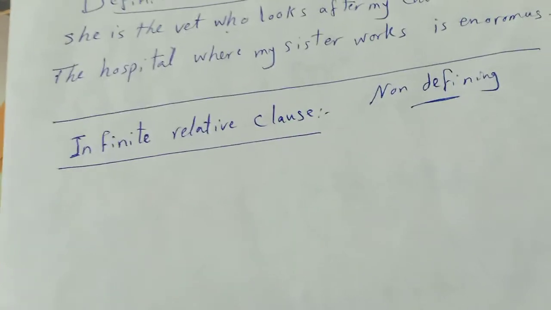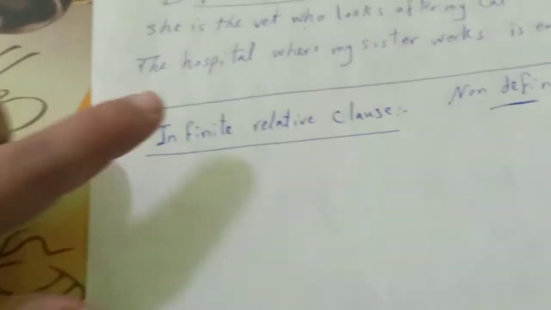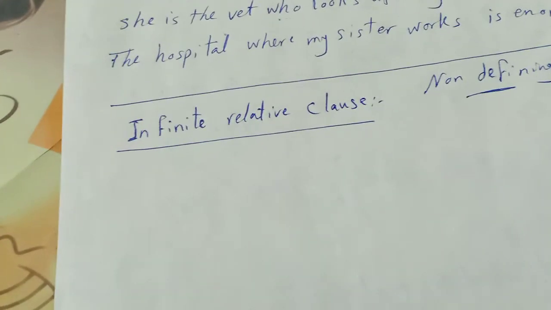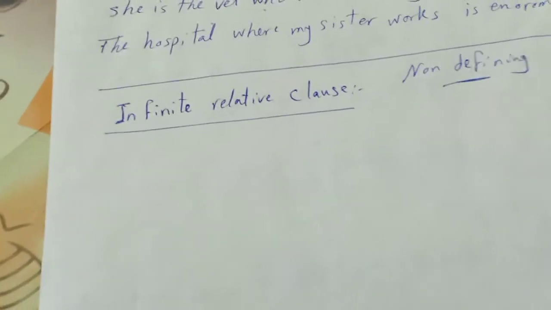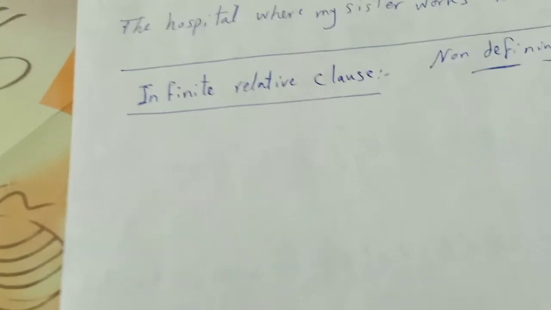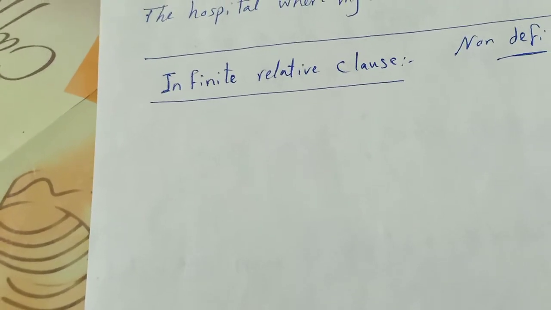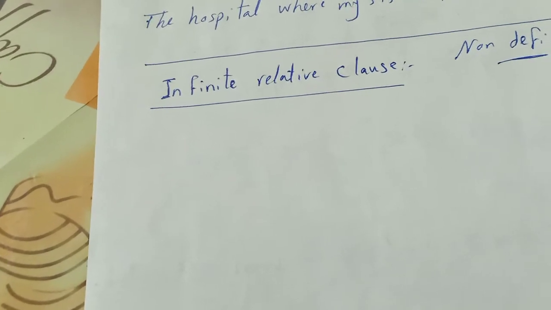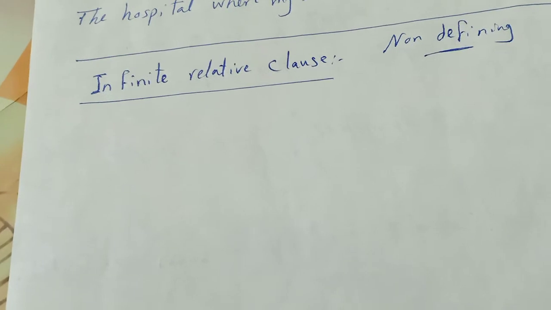So we have already information about that noun, but this kind of relative clause adds extra information about it. And the sentence makes sense without it. Without this relative clause, the sentence has a complete meaning. We can take it away. And it's separated from the sentence by commas. We use commas in this kind of relative clause.